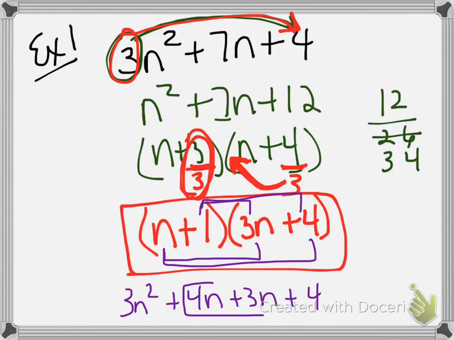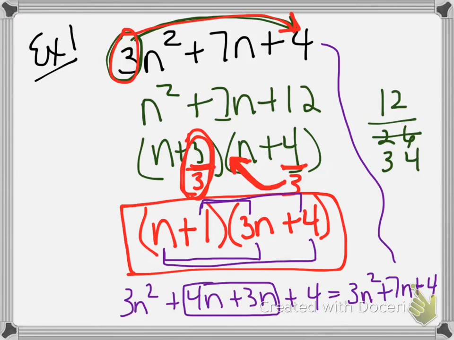So, adding these together, I would have 3n squared plus 7n plus 4, which is exactly what I started with up there. So the factors of 3n squared plus 7n plus 4 are n plus 1 and 3n plus 4. Okay? Let's try another one.